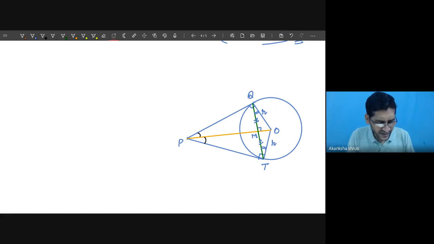Then on one side, the angle becomes alpha by 2. So let us denote this entire angle by theta. Okay, students? Denote this angle by theta. Then this angle becomes theta by 2. The other side angle is also theta by 2.